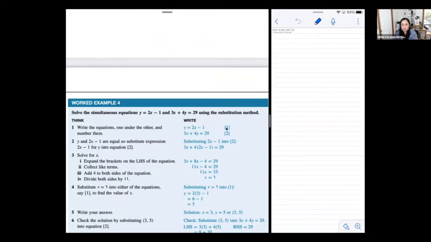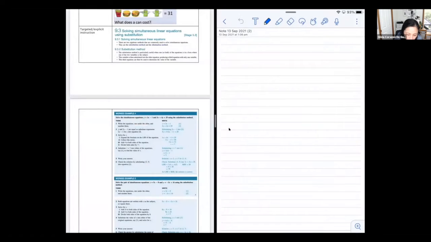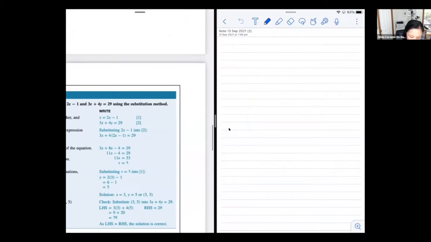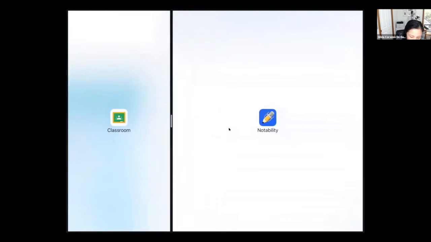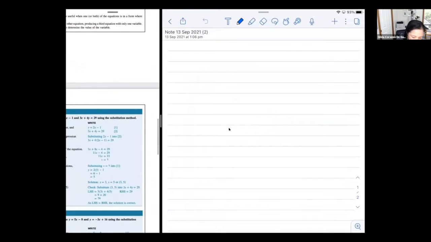Okay, so we have these 2 equations here. You can mark them as equation 1 and equation 2. So let's write that down here, and let me make that larger so that you can see my writing. So we want to solve 2 equations, y equals 2x minus 1, and 3x plus 4y equals 29.